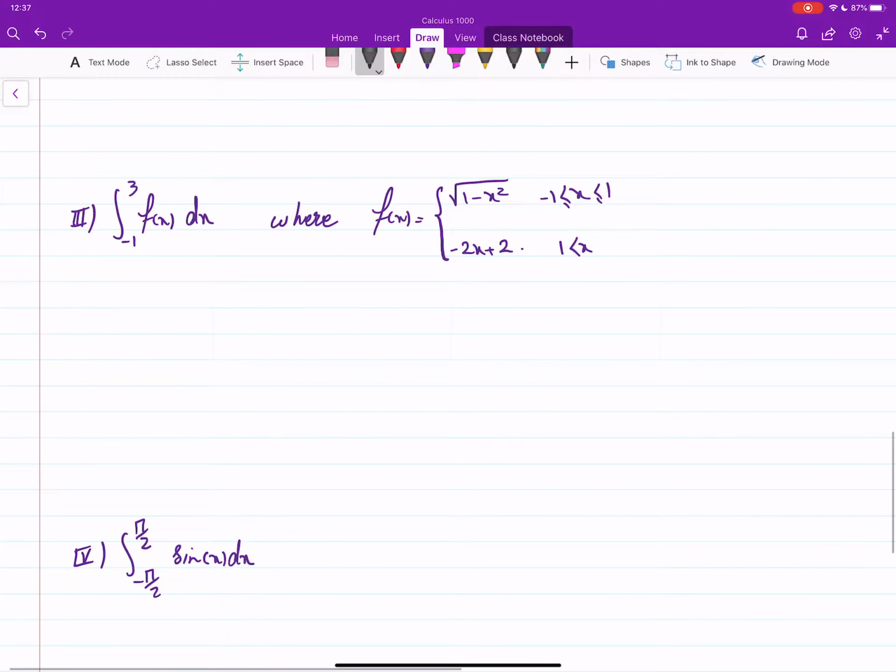This one here, let's just sketch the graph of this function. From negative 1 to 1, it is the square root of 1 minus x squared. That is a circle of radius 1. But since this is positive, we are just considering the upper semicircle.